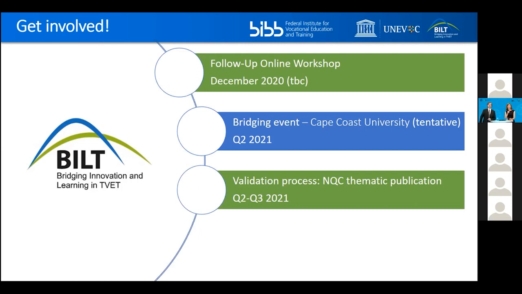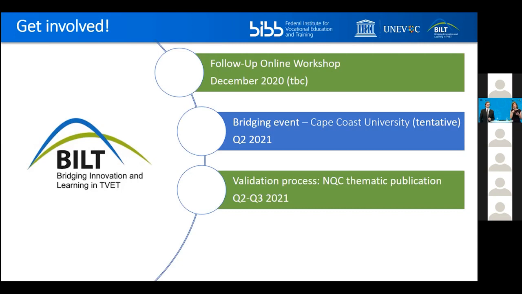So in addition to these two types of opportunities that Tristan has just described, and which are ways for you to get involved in BILT, a third way is to take part in the validation process that Tristan has mentioned earlier. This will concern the publication on new qualifications and competencies, and this process will happen in Q2 and Q3 2021.